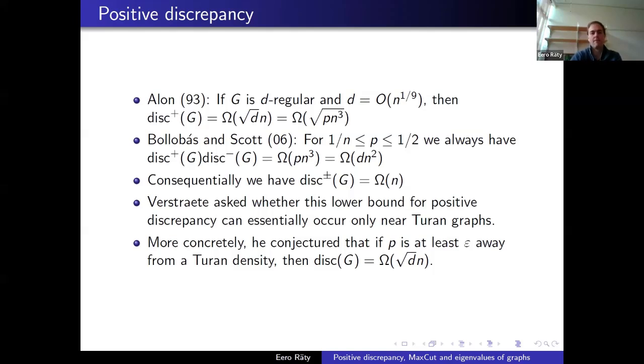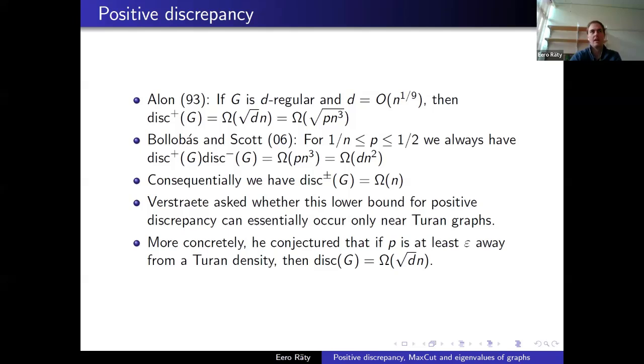So roughly a decade ago, Westergaard asked whether this lower bound could be improved if your graph is sufficiently far away from a Turán graph. More precisely, there were two variants of this. The first one was that if p is at least epsilon away from a Turán density, could we prove that the positive discrepancy is at least what you see from a random graph?